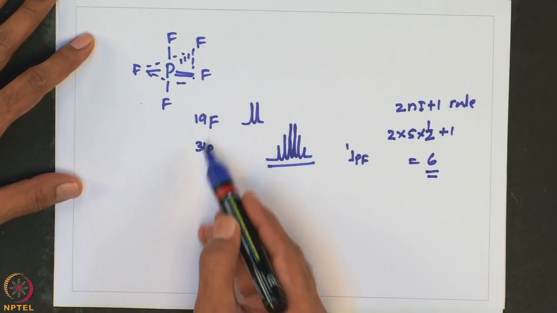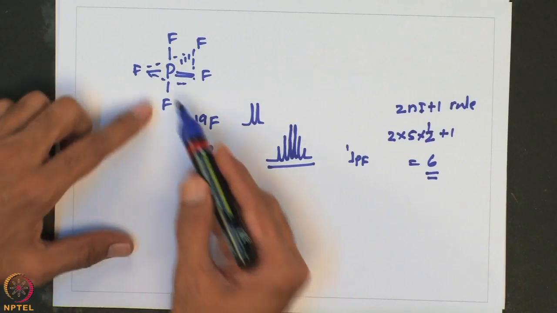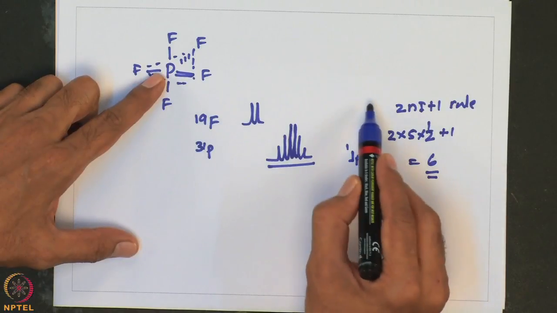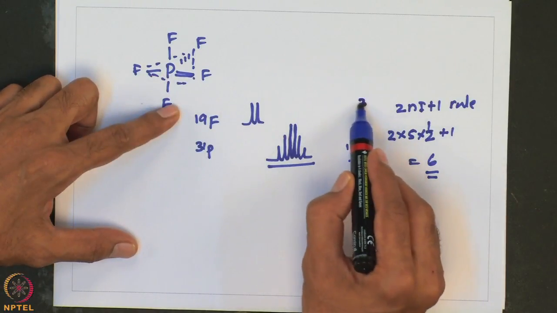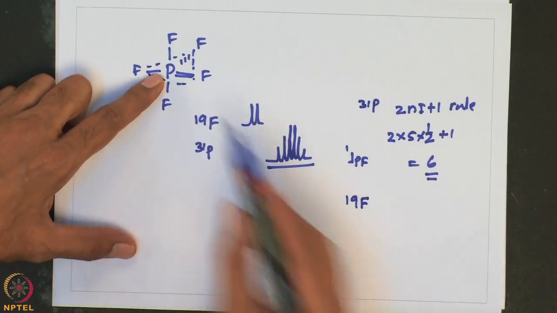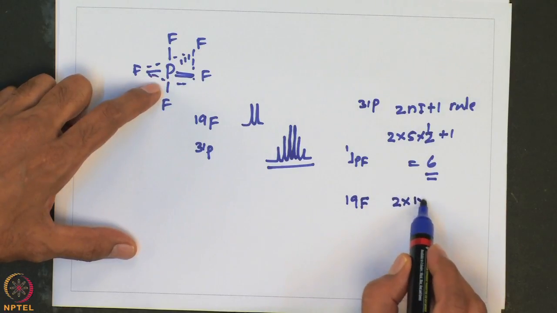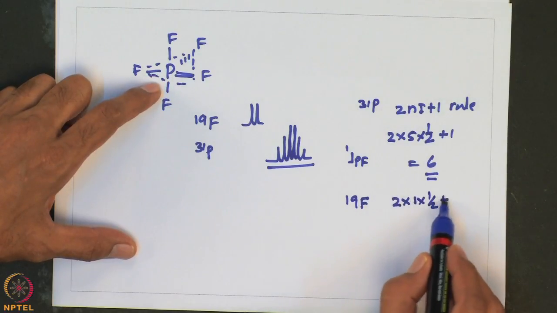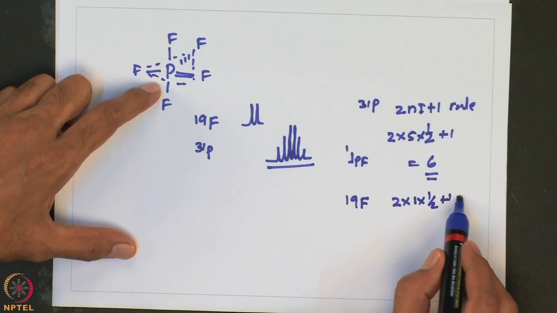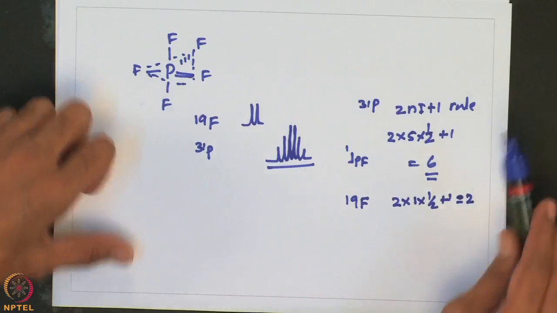On the other hand, in case of 19F NMR, again only 1 phosphorus is there. Again, if we use 2nI plus 1, phosphorus is there, and I is half, plus 1. So, essentially it will give you 2 lines. So, we get a doublet here.